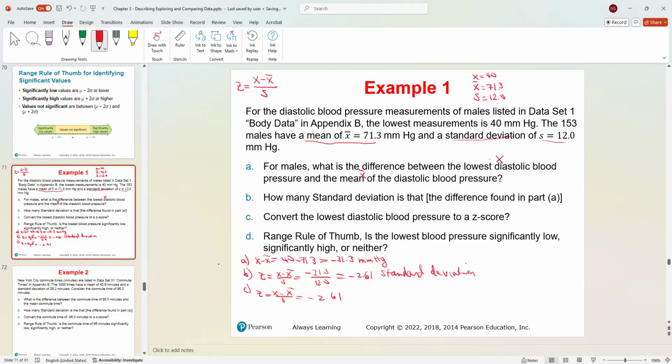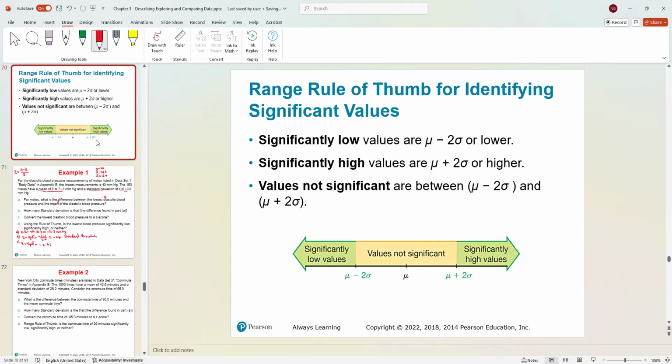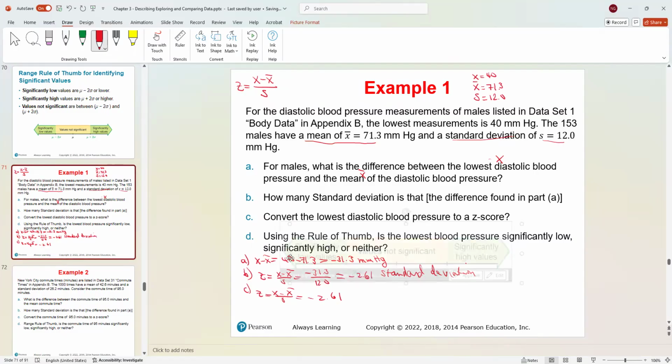Now they said using the rule of thumb. The rule of thumb would be this particular one right there. If you want to copy it, you can even put it there. You call it the rule of thumb.